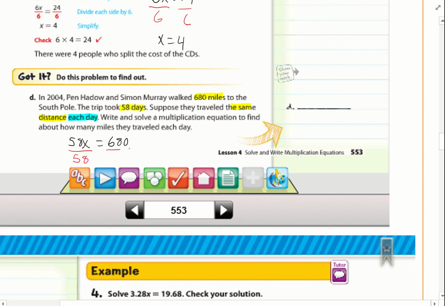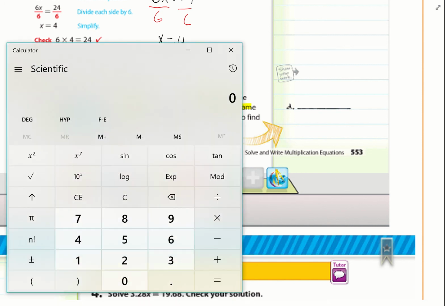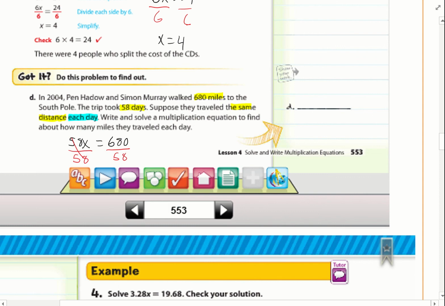So we want to use inverse operations, and we're going to divide 58 on each side. If I take a calculator, 680 divided by 58 equals 11.72, and it does say about, so that means we can round. So they traveled about 12 miles each day.